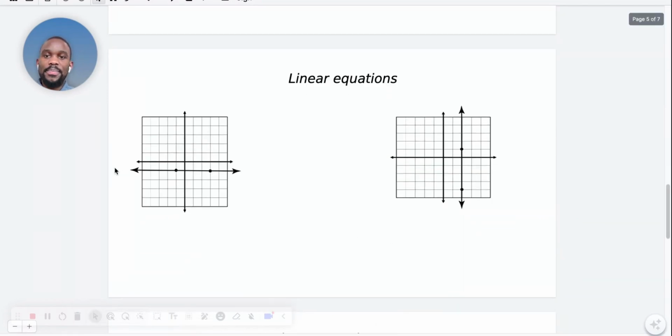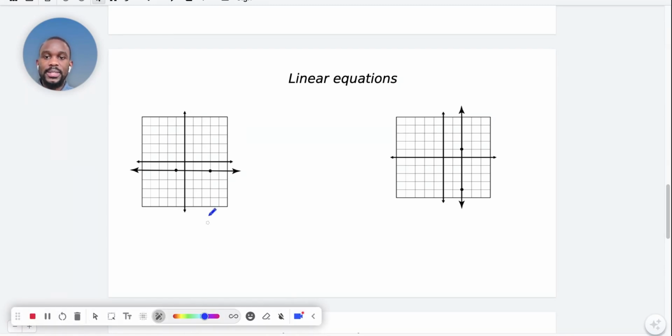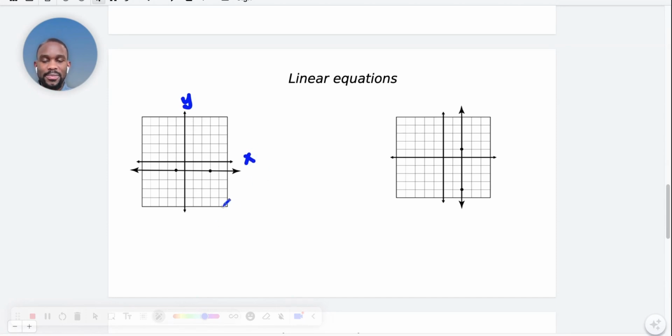What if they give you a horizontal line like this? This is horizontal and this is vertical. Those are the easiest. So you have to know which one is the y-axis and which one is the x-axis. So here we know this is the y-axis and this is the x-axis. So ask yourself, is the line crossing the y-axis or the x-axis? See, it's crossing the y-axis.